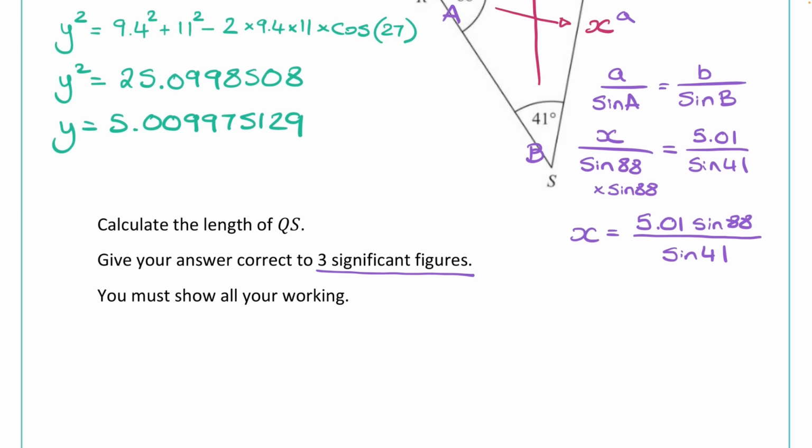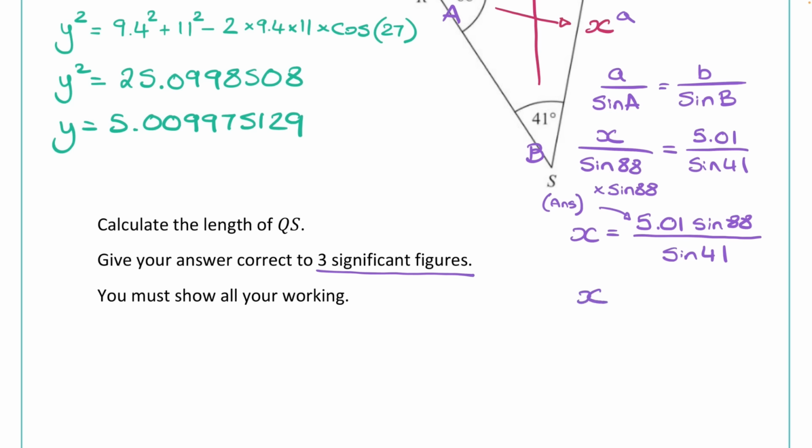I can now just type this in my calculator, except when I type this number in, I'm going to use my answer button on the calculator because I want to get the full unrounded version in there. So I'm going to press my fraction button, answer sine 88 over sine 41. And I press equals, and I do get my final answer now.